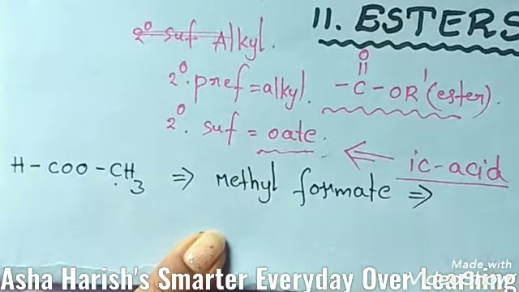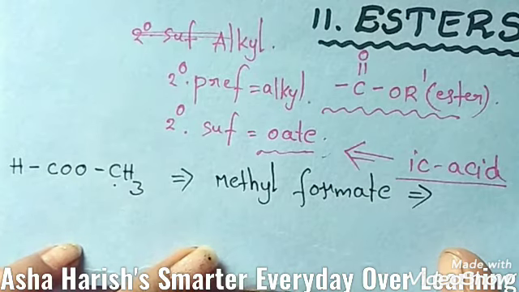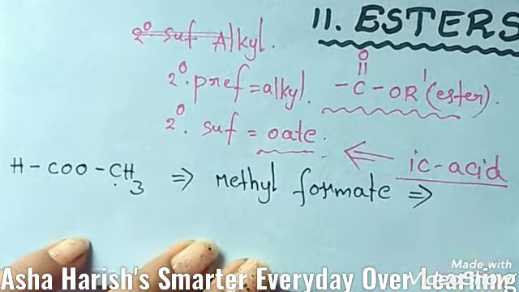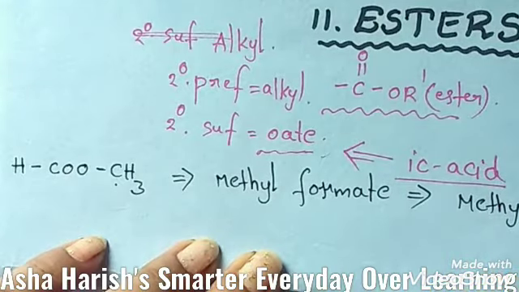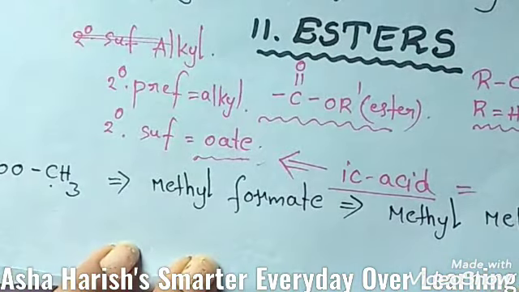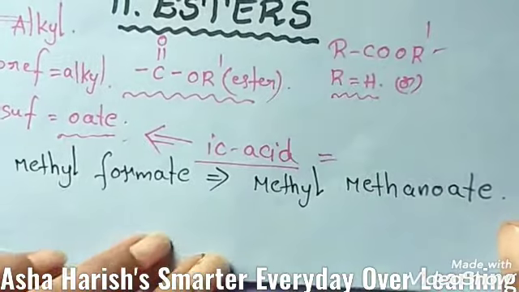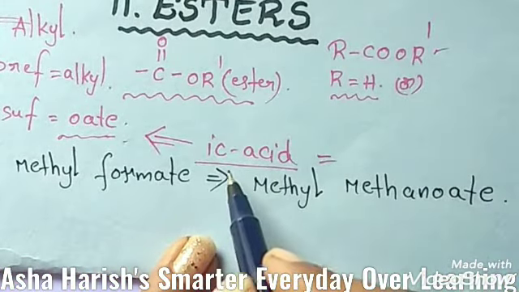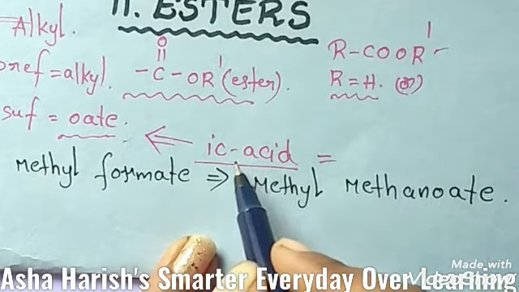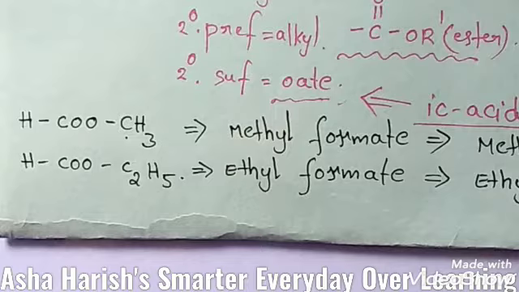For the IUPAC name, meth is the root word, and the name is methyl methanoate. Why? Because here you can remove the word ic acid and add oate as a suffix.